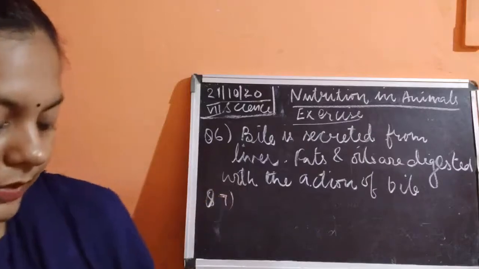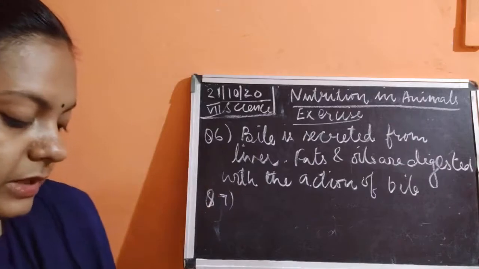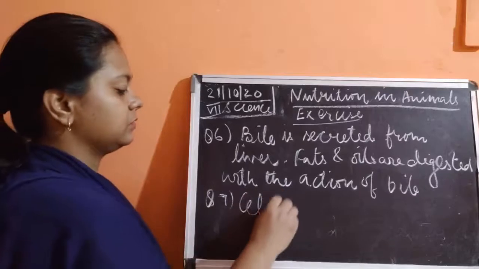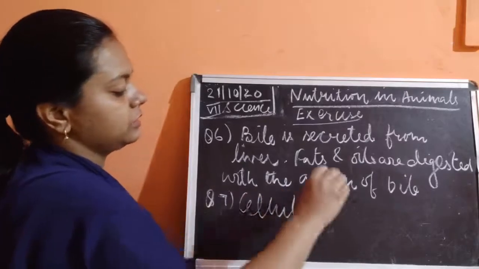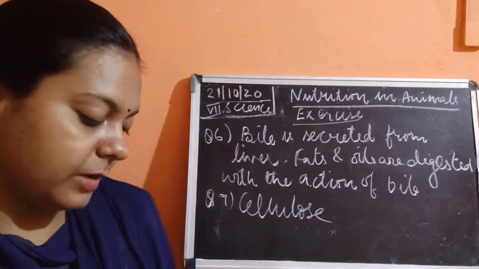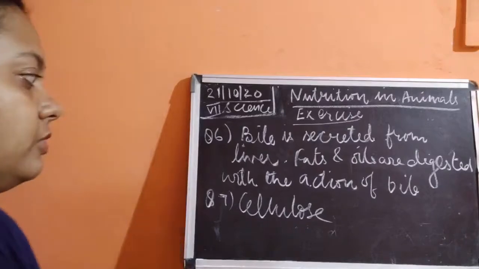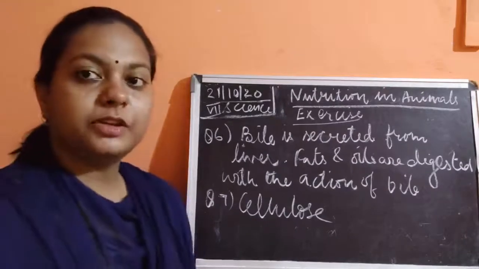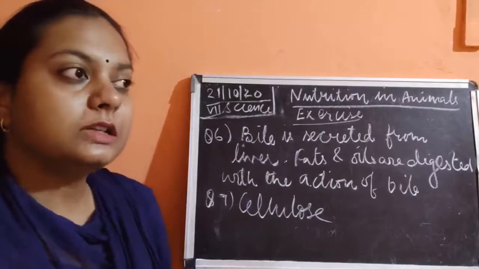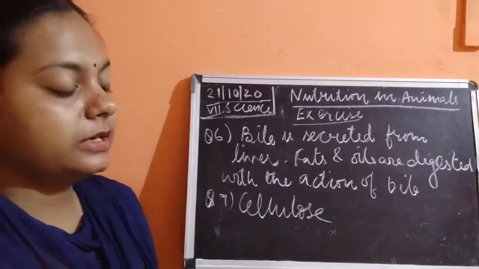Now the answer for the 7th question: name the type of carbohydrate which is digested by ruminants but not by humans. The answer is cellulose. Cellulose is digested by ruminants but not by human beings, because the special type of bacteria which help digest cellulose are not present in the small intestine of human beings.